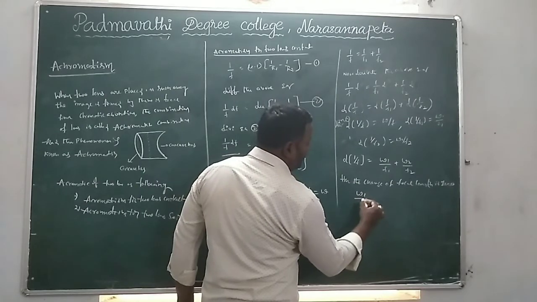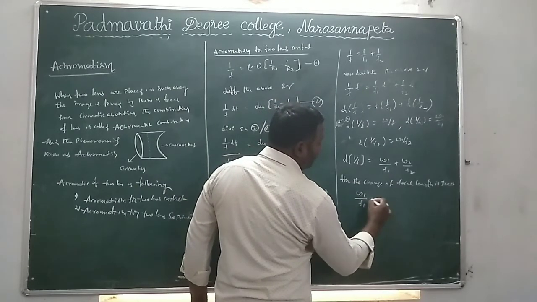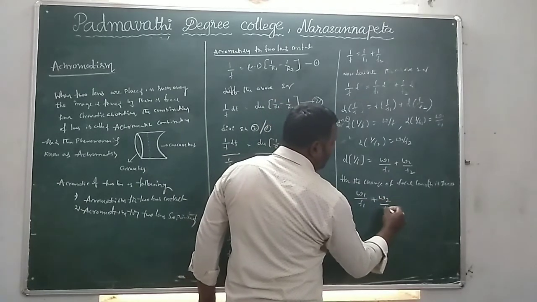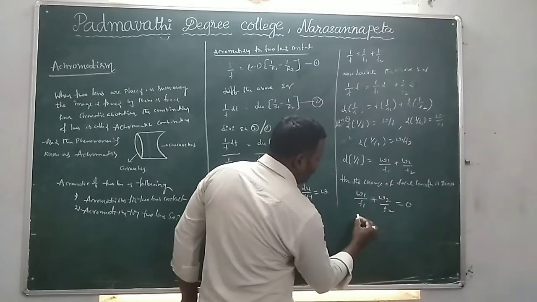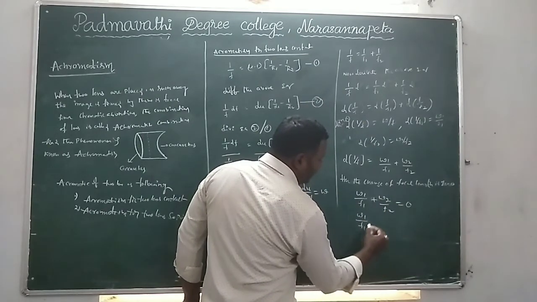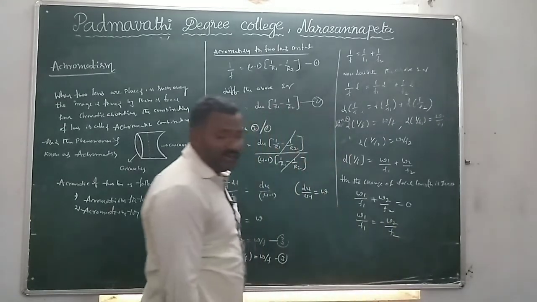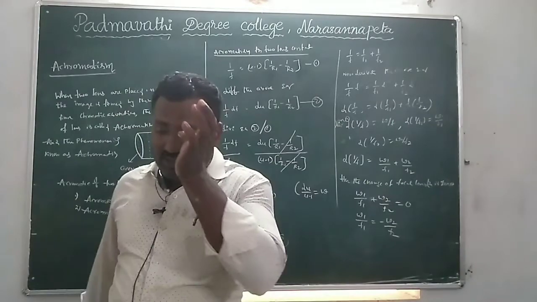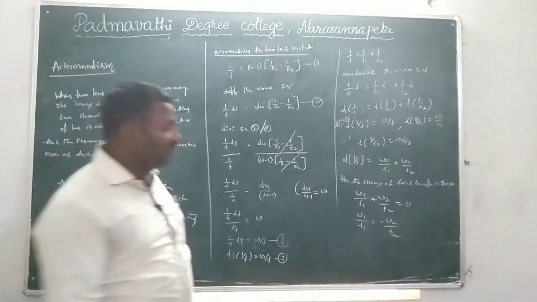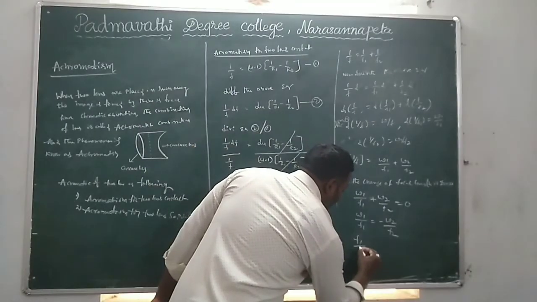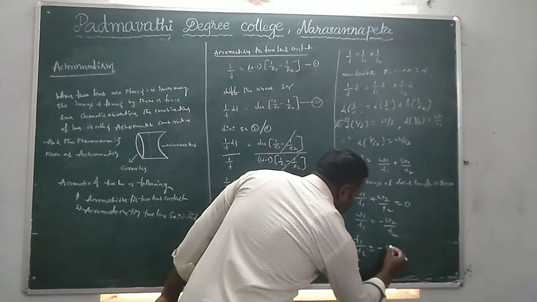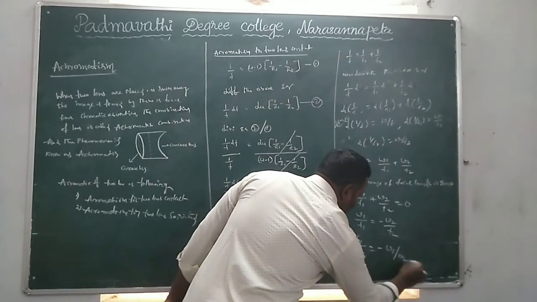Therefore omega 1 by f1 + omega 2 by f2 = 0. That is, omega 1 by f1 = minus omega 2 by f2, so f1 by f2 = minus omega 1 by omega 2.